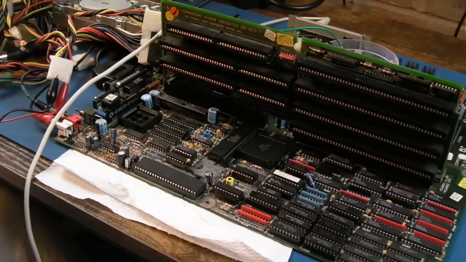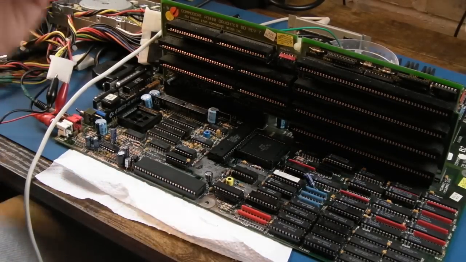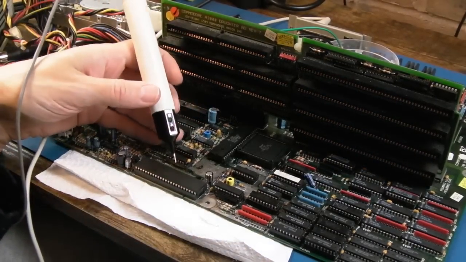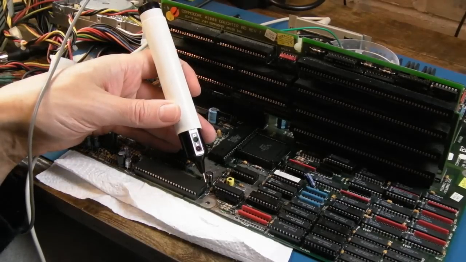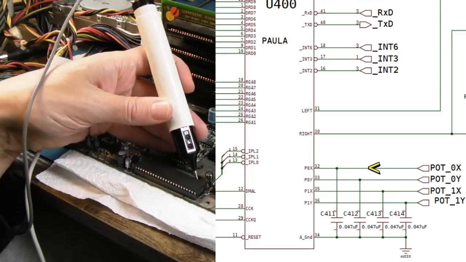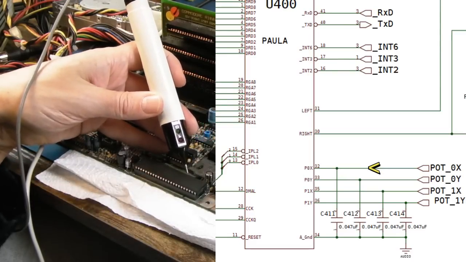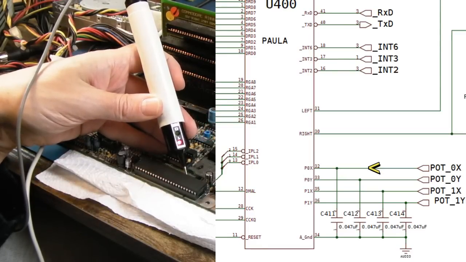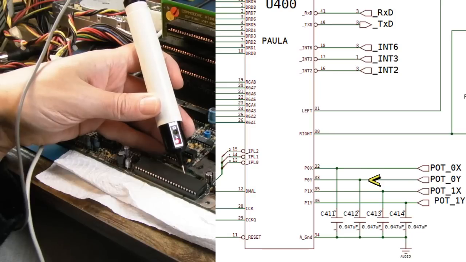So still trying to make sense of this, and actually I've got the joystick or the mouse plugged into the other port. If we just count along here, 32. So 32, that's high. There's nothing plugged in, so I'm thinking that's probably good.